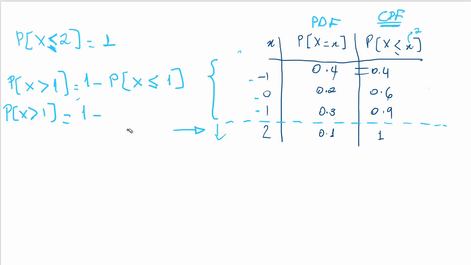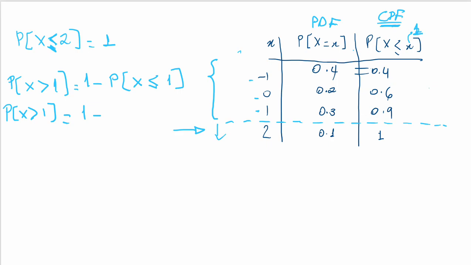Well, now I'm only left with this probability here, which is a less than or equal. I have this information on the table, right? How can I find this information? Well, right now, my little x has to be 1.